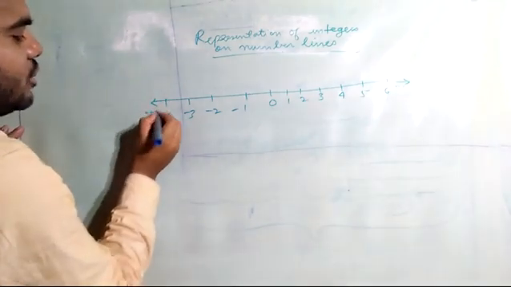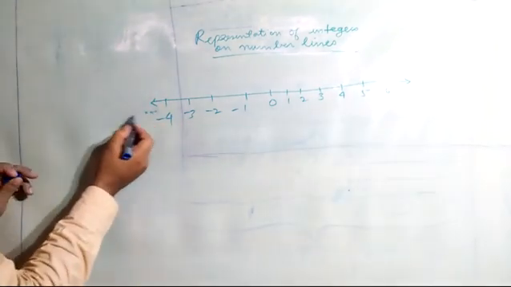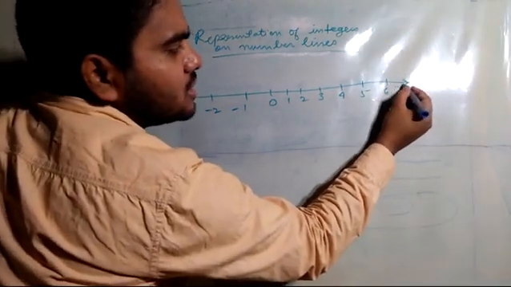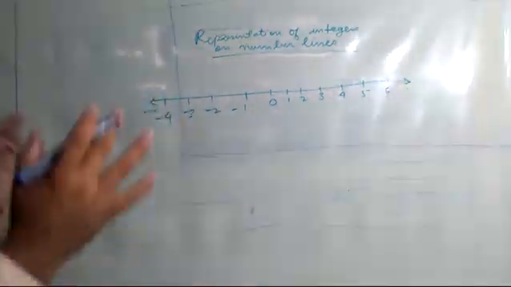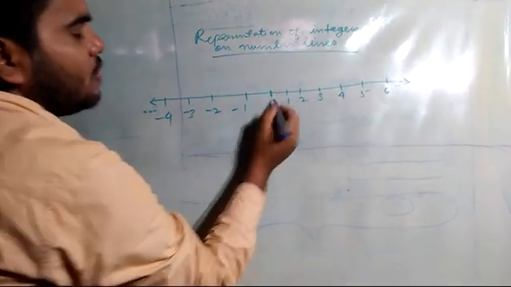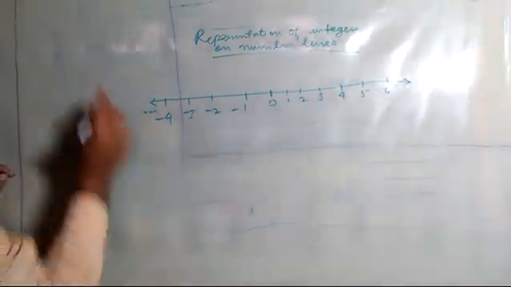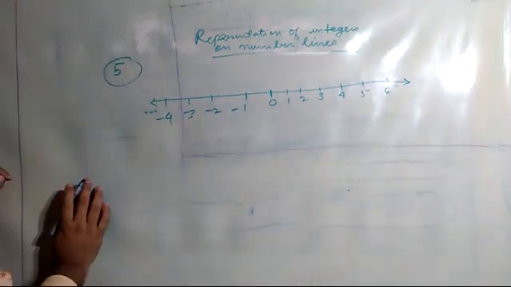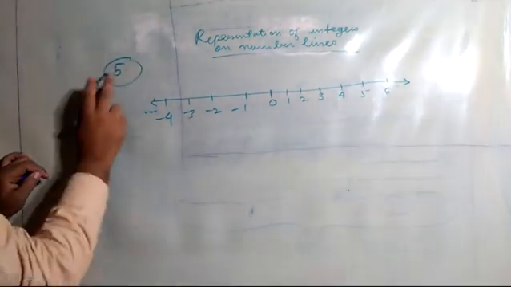Now why am I writing these three dots? Three dots mean the line is going on up to this end. There is no limit. Or else this arrow also signifies that on both sides the line can be stretched like an elastic. Now if I want to represent the number 5 on the number line, how are you going to do it?